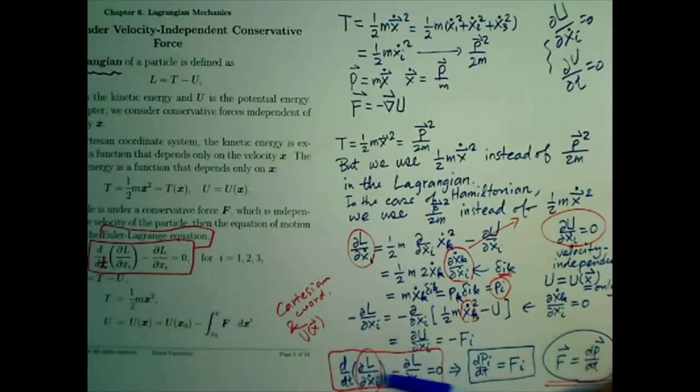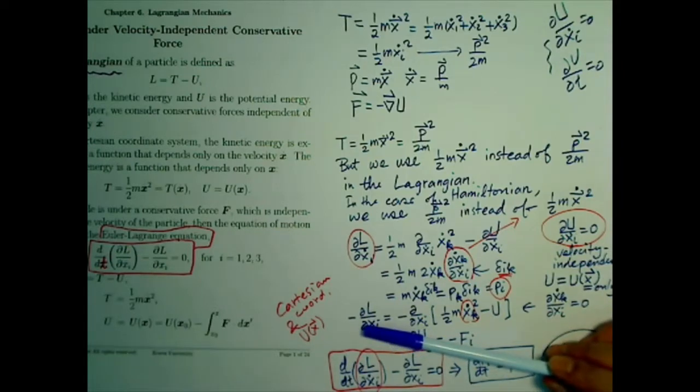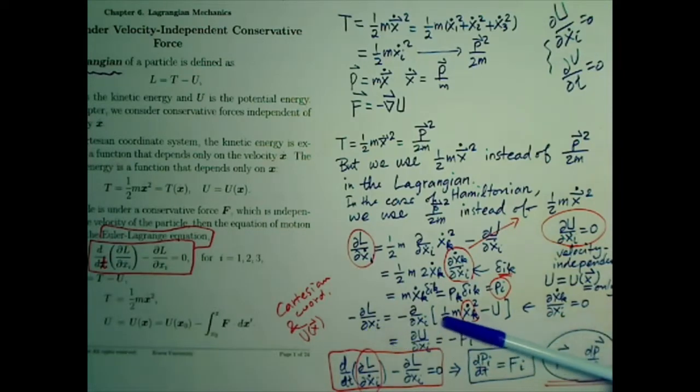So this one becomes the time derivative of the ith component of the linear momentum. The next one is the partial derivative of L with respect to x multiplied by minus 1. That was the ith component of the force. So this one is replaced with minus Fi.